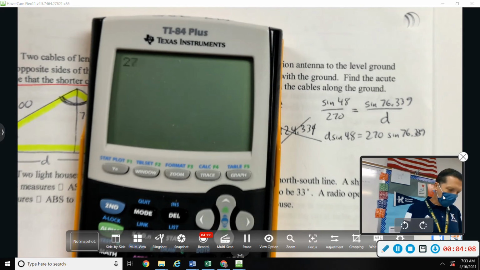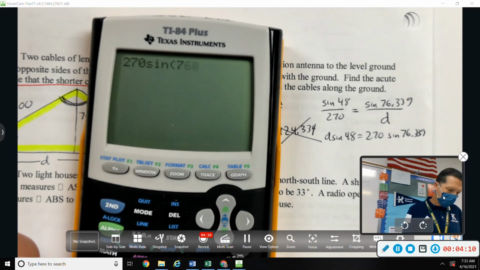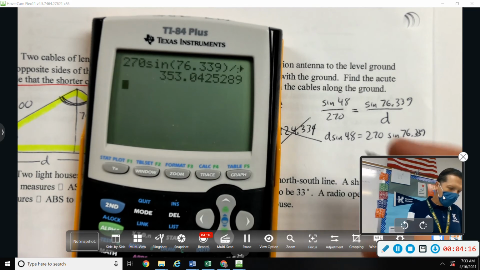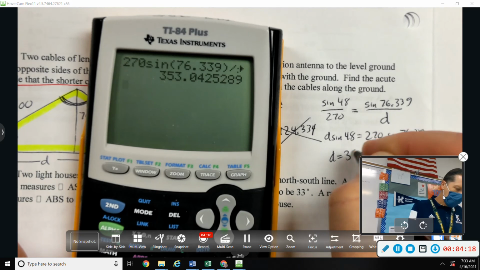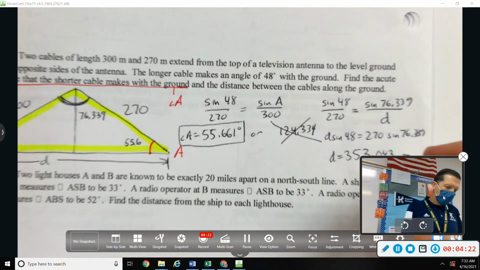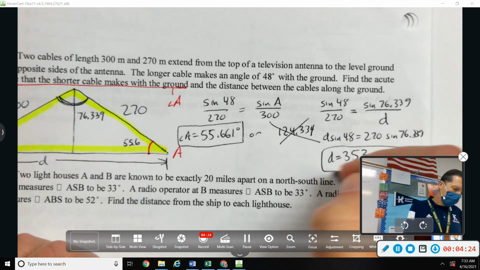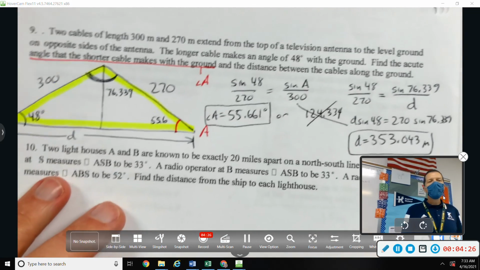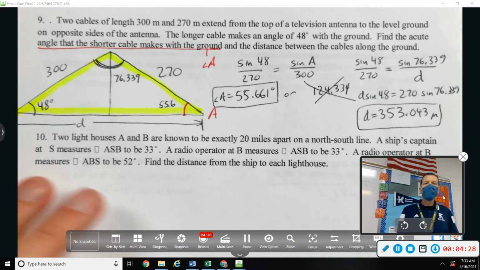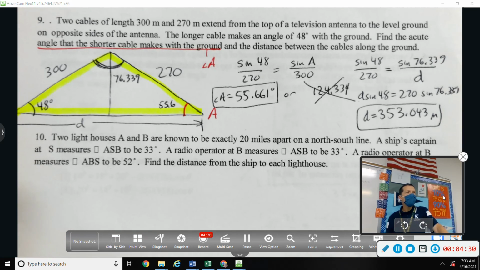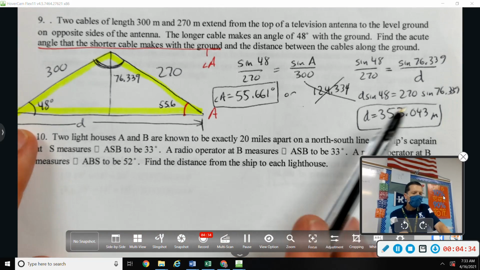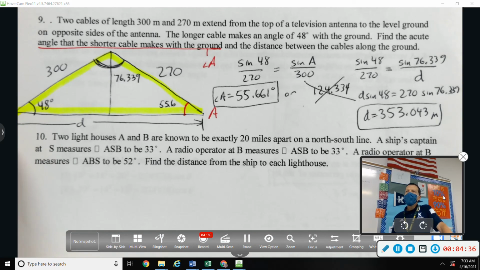Let the calculator handle all the work. 353.043 meters. Again, the check is the biggest side across from the biggest angle, and it is. So I have at least some confidence in that answer.